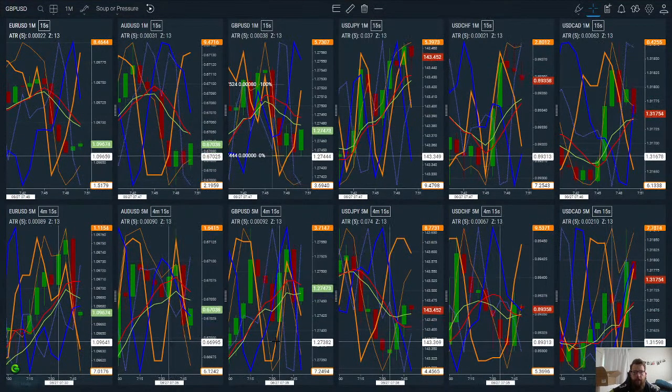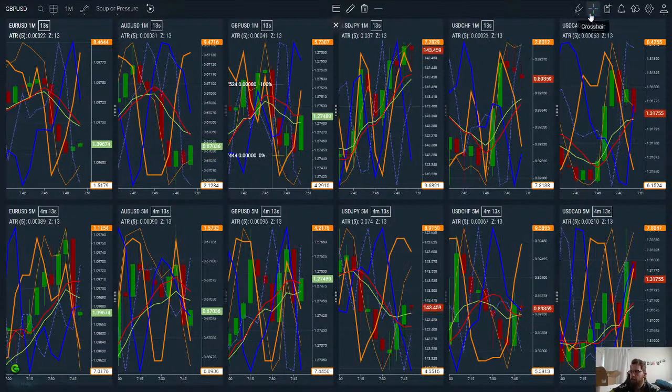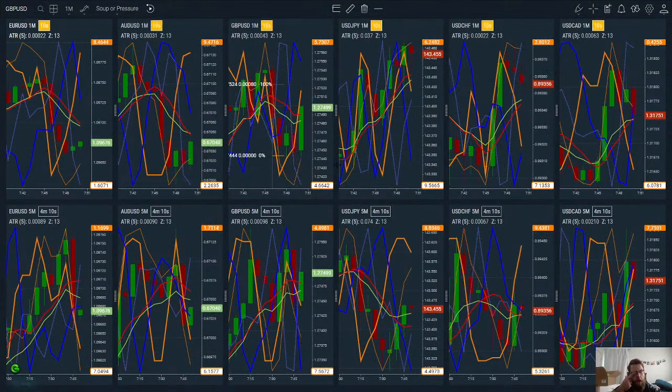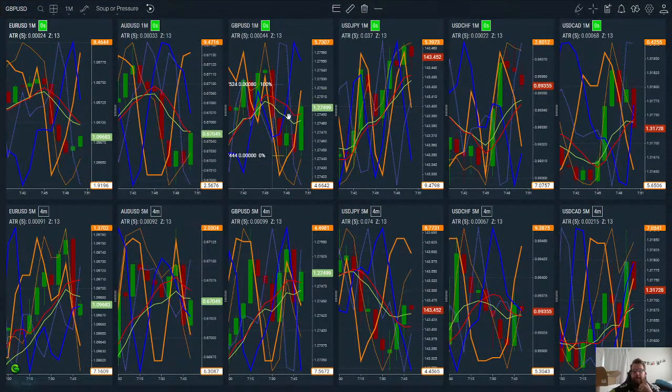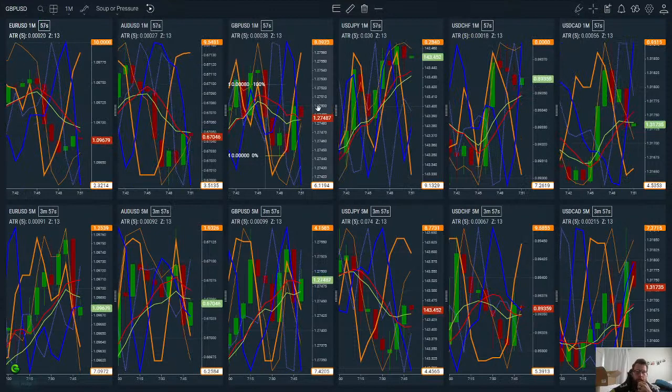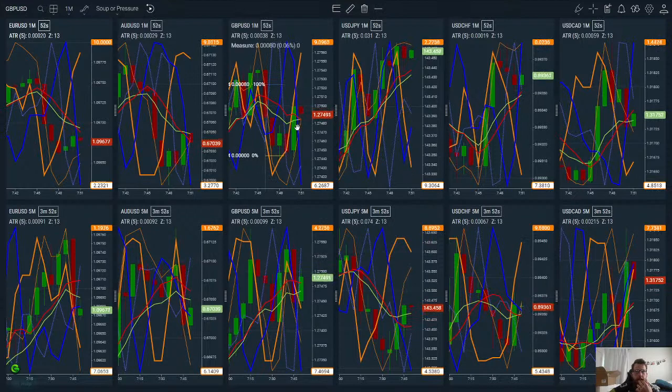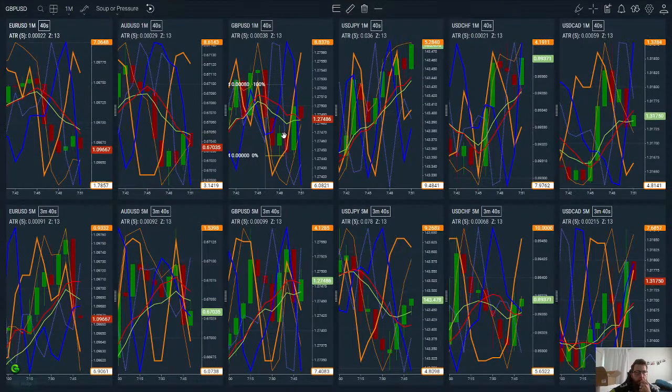Got a little ways to go. I don't like what's going on here. We're about halfway between our entry and stop loss.